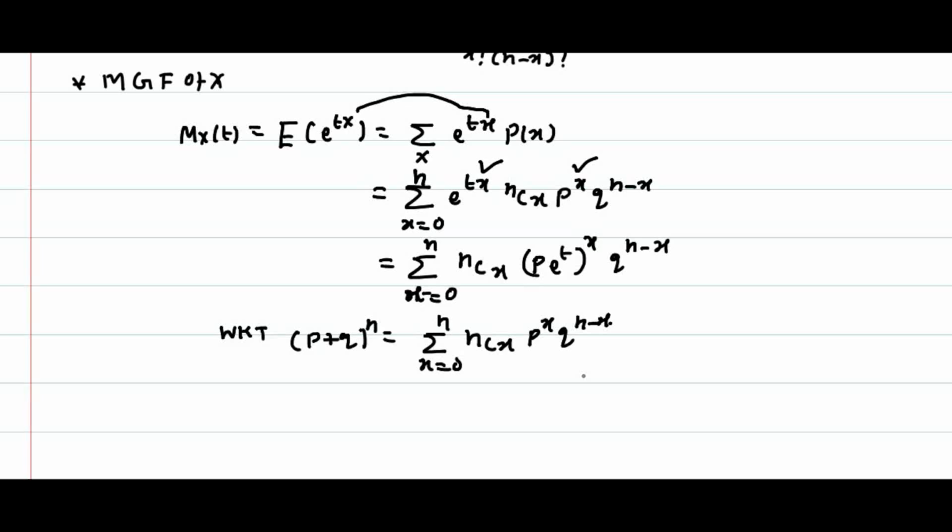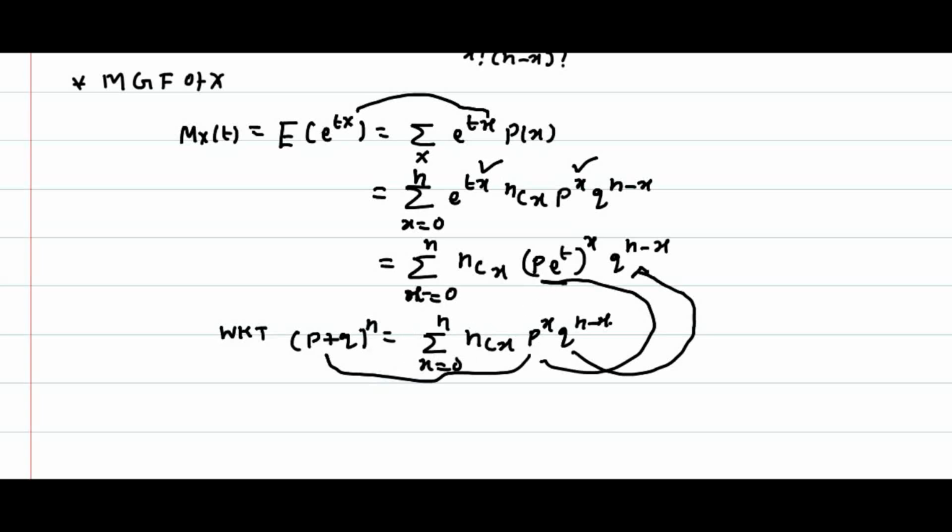So using the binomial expansion and our step, here you see what the p value is. Here p^x is there, so here we have (p e^t)^x. q^(n-x) is there, and here also we have q^(n-x). So p^x on the left-hand side we write as only p, and q^(n-x) can be written as q.